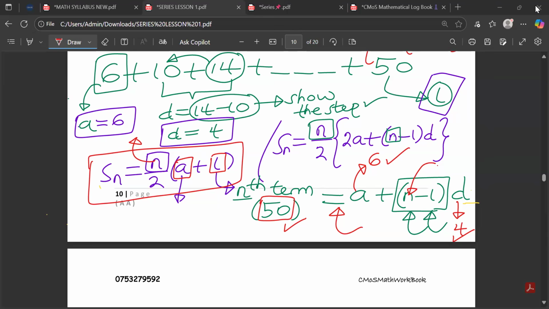And when I wrote the formula of the nth term, I realized the nth term is present, which is the last one, 50. A is present, which is 6, and D is present, which is 4. So I could use that expression for the nth term to get the value of n. And after getting the value of n, I take it to the other formula of sum so that I get the sum the question wants.